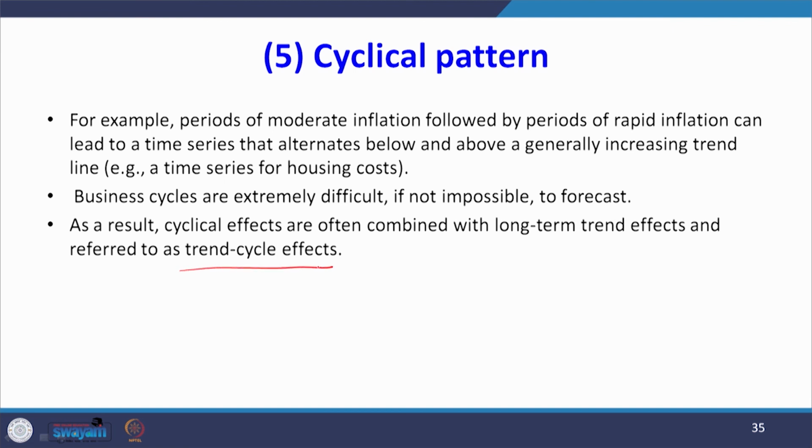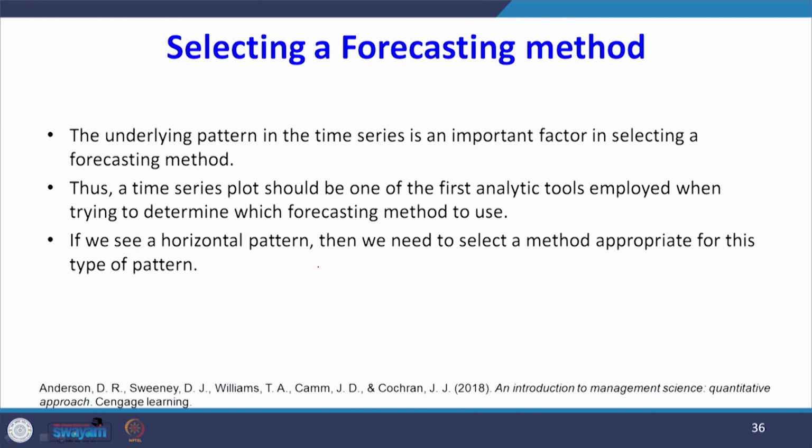Previously, we have seen trend and seasonal. Similarly, we can have trend and cycle together. At last, selecting a forecasting method. We have seen 5 types of pattern. The underlying pattern in the time series is an important factor in selecting a forecasting method. The reason why we have studied these patterns is that the type of pattern will guide us to choose appropriate forecasting techniques.